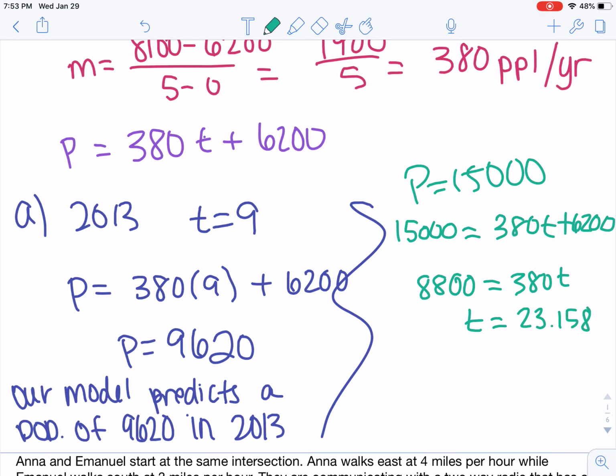So then T is 23.158. Remember, we're talking about years here, so you can have 0.158 years, but that doesn't make much sense. You'd want to say that either in days or in months or something like that.